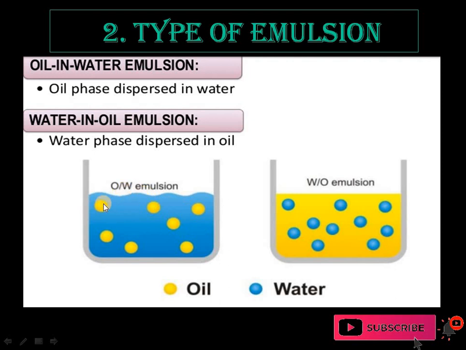Where water is present in large quantity, it will be oil in water type emulsion. So oil is put in water: water in large quantity, oil in lesser quantity. And in water in oil type, water is in lesser amount and oil in more amount. So this is your water in oil emulsion.